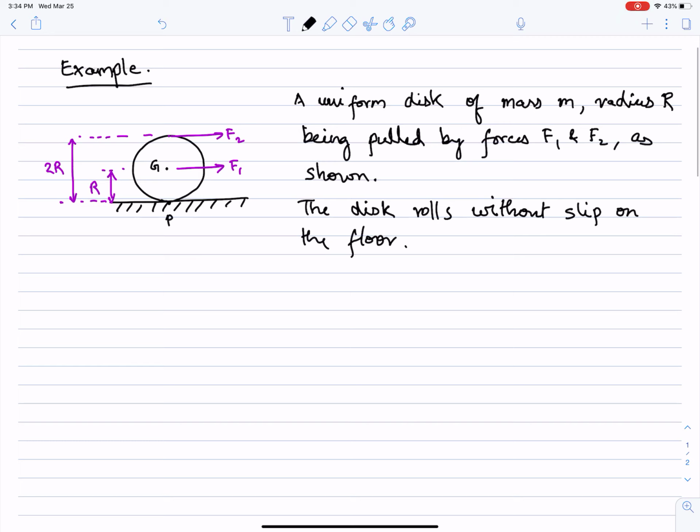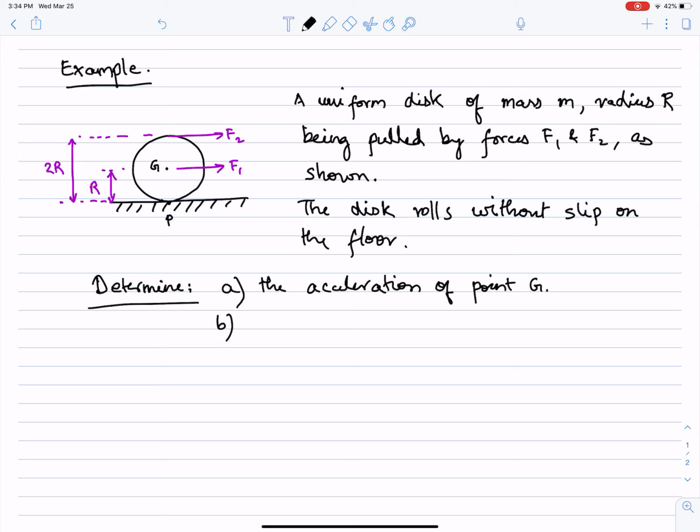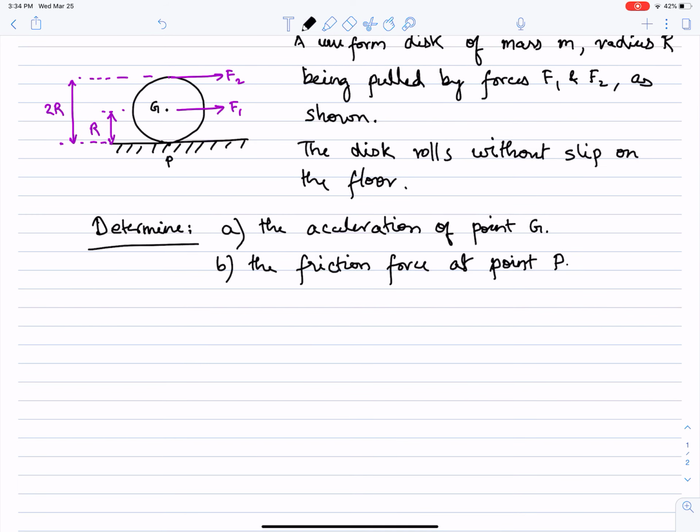And then you're asked to determine A, the acceleration of point G, B, the friction force at point P. Okay, so this is an important kind of a problem.